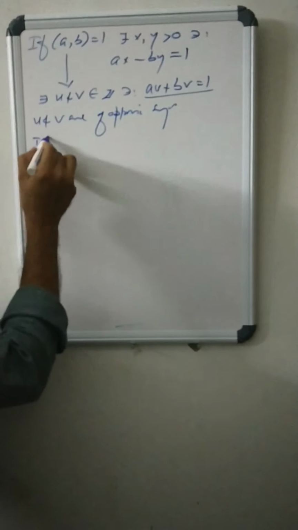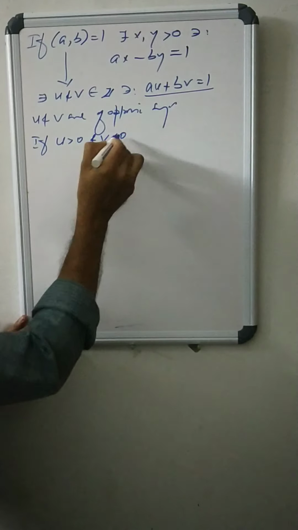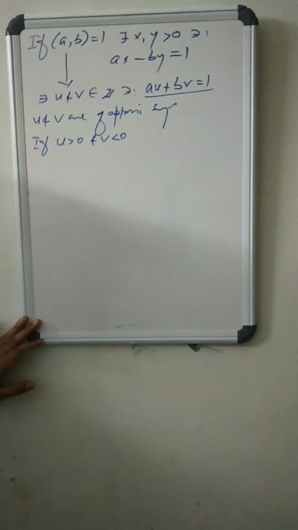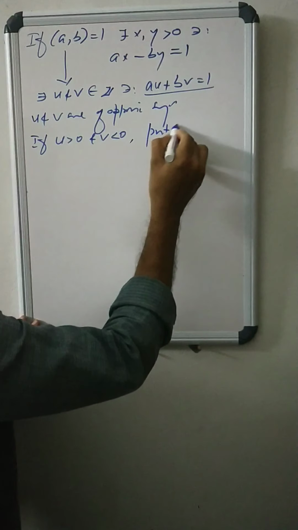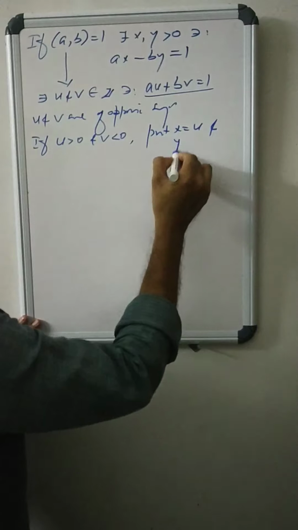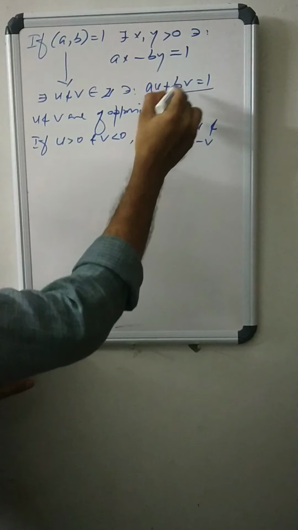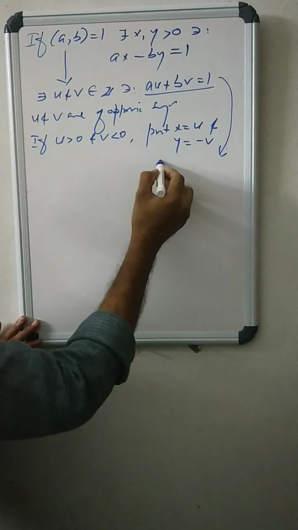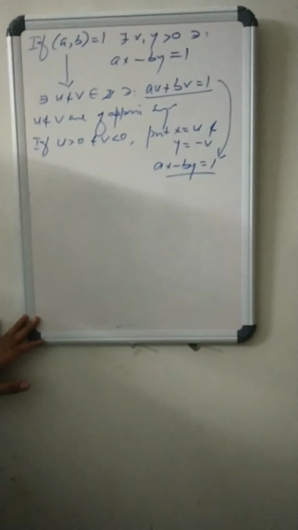If u is positive, then surely v is negative. When u is positive and v is negative, put x equals u and y equals minus v. So what do I get? au plus bv equals 1 becomes ax minus by equals 1. Okay.